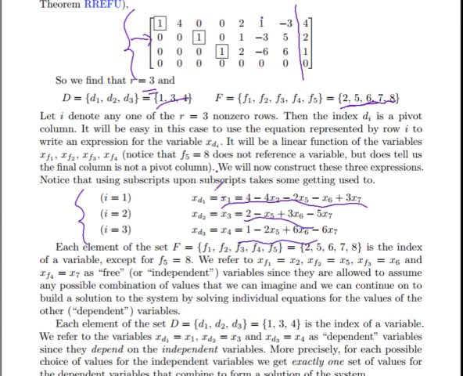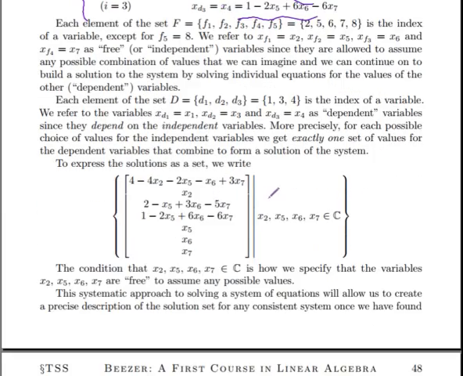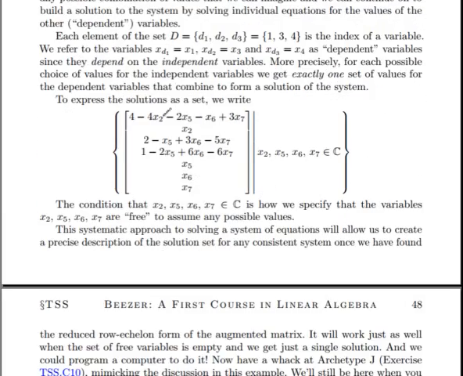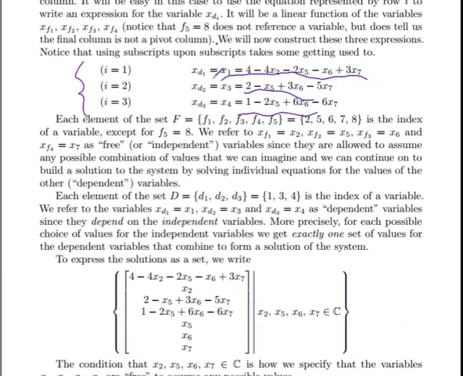What this corresponds to is the following solution set. You can see that we let x2, x5, x6, x7 be any values we want. This gives me the value of x1 by the equation up here. This first equation here gives me this result for x1. This equation here gives me this value for x3 down here.